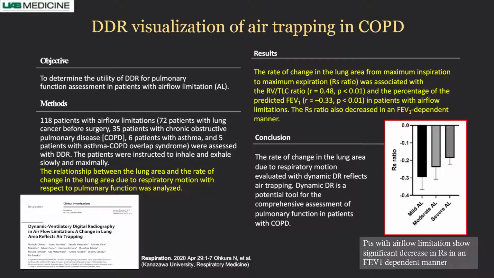What they found out, the rate of change of lung area from maximum inspiration to maximum expiration, which is the RS ratio, was associated with the RV over total lung capacity ratio in COPD patients, and it corresponds to the decrease in FEV1 level seen in COPD as the air trapping is severe. So in severe air trapping, which is here, the RS ratio correspondingly decreased much more. So you have some kind of correlation suggesting significant air trapping by these parameters comparing with the pulmonary function test.